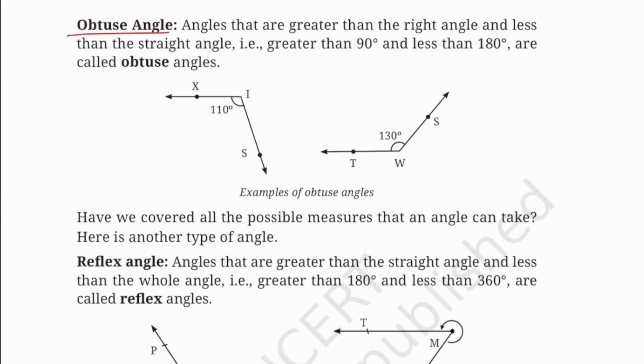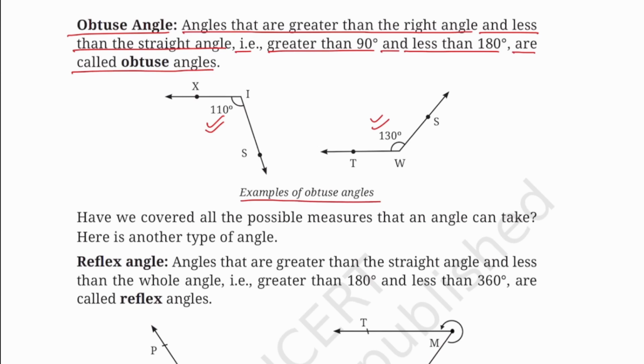Obtuse angle. Angles that are greater than the right angle and less than the straight angle, that is greater than 90 degrees and less than 180 degrees, are called obtuse angles. For example, 110 degrees, 130 degrees are examples of obtuse angles.